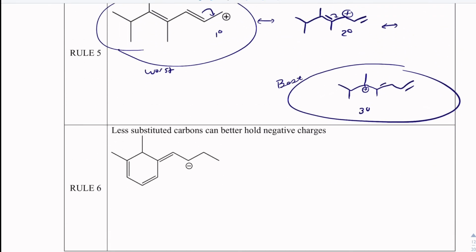With negative ones, we have less substituted carbons can better hold negative charges. So again, arrows look a little bit different for negative charges.